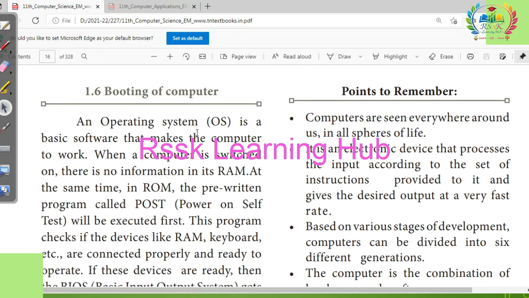In the operating system, the basic software that makes the computer work, once your computer is switched on, there is no information in its RAM.